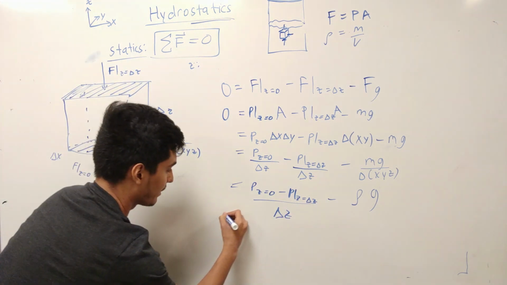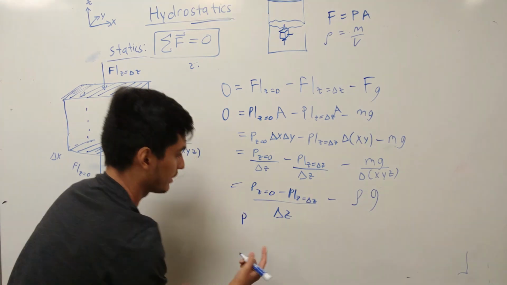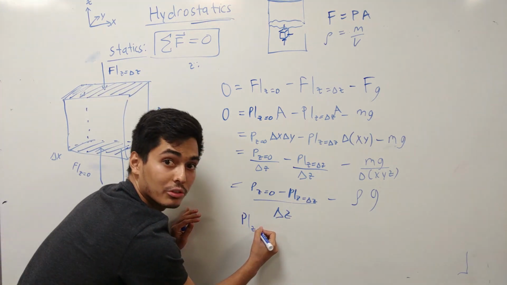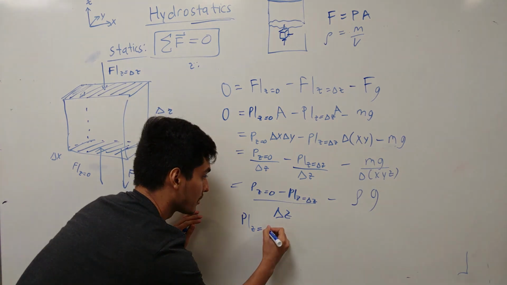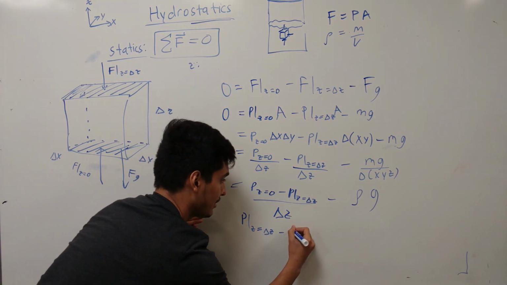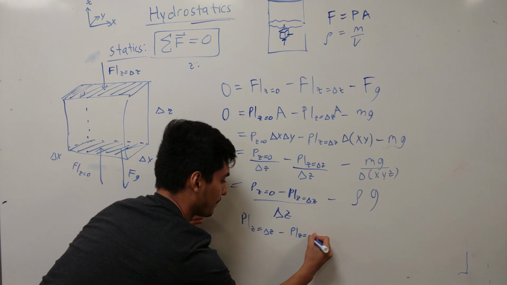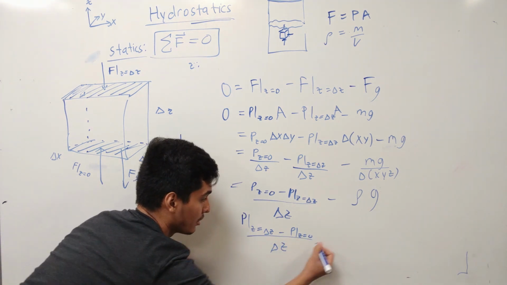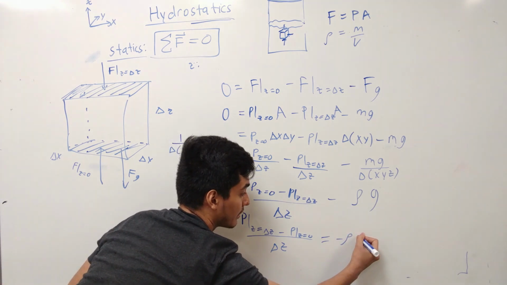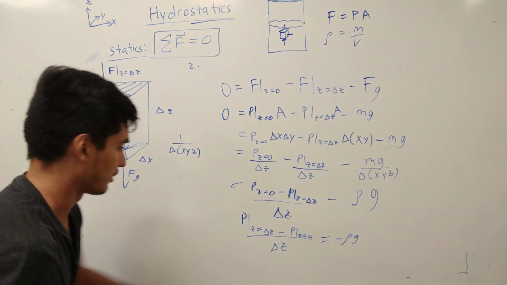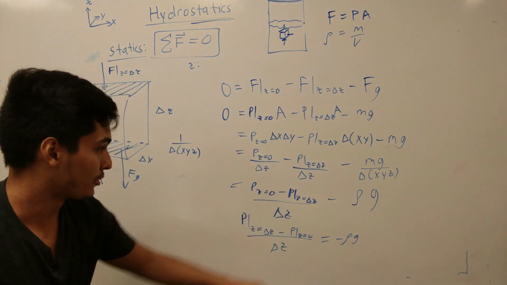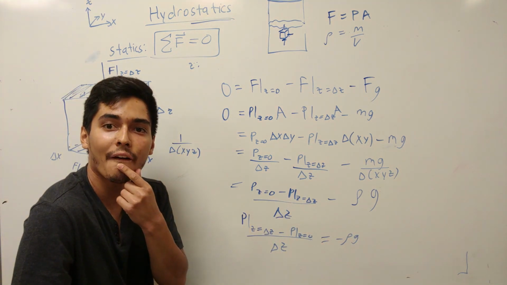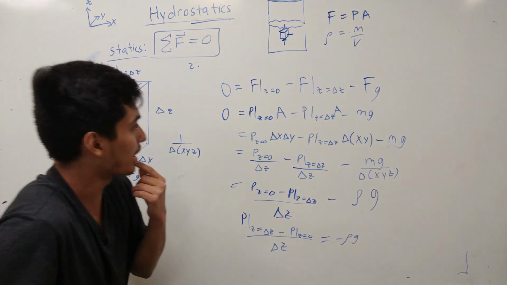Now I'm going to move this guy over, so now this is going to be positive: p at z equals delta z minus p at z equals 0, divided by delta z. You can still see that, right? Let me know when you can't see it. So I'm just moving this over. This is still negative. And that looks pretty good.